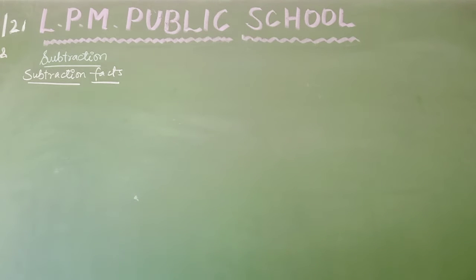Once again you have to listen. The difference is always lesser than the bigger number of the two numbers, and this is not true if one of the two numbers is 0.